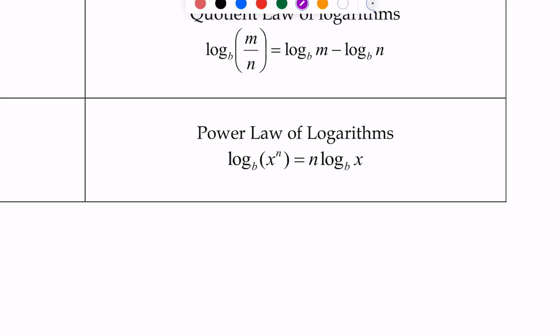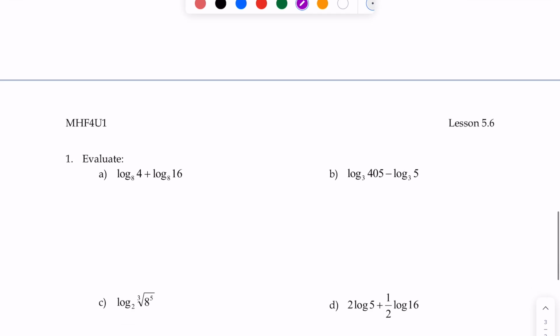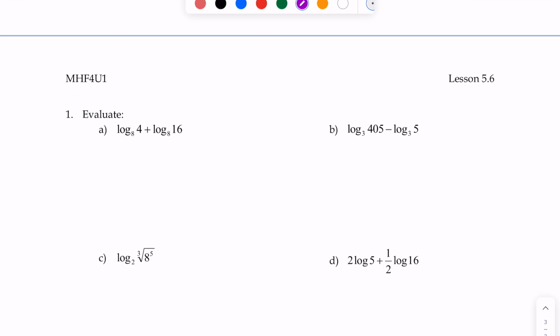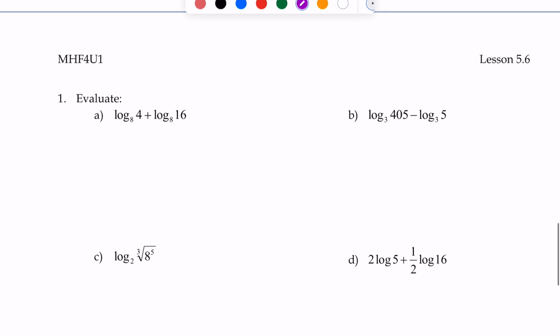So let's go through some examples of using those rules, those laws. And just like in previous lessons, at any point, just pause the video and try out these for yourself, and then just play again and see if you get the correct answer, okay?